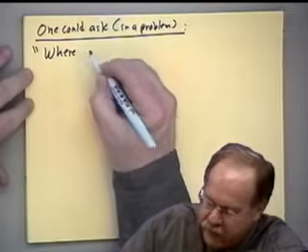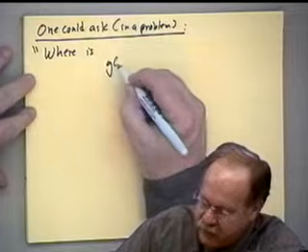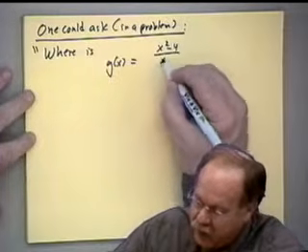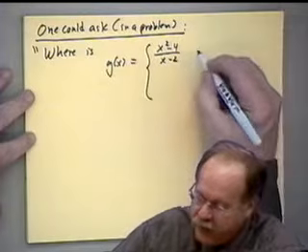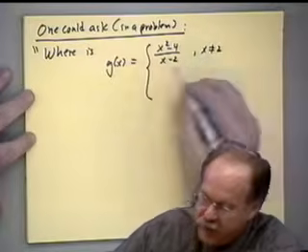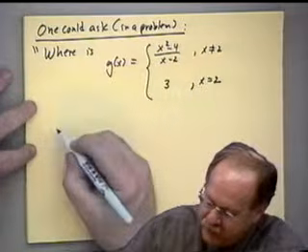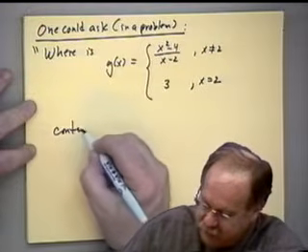Where is this function, and it will be written this way without a picture, x squared minus 4 over x minus 2. That will be true for x not equal to 2, and it will be equal to 3 for x equal to 2. Where is that function continuous?